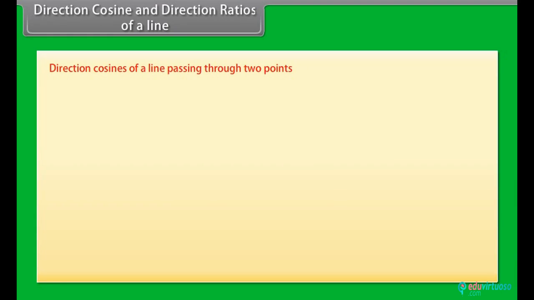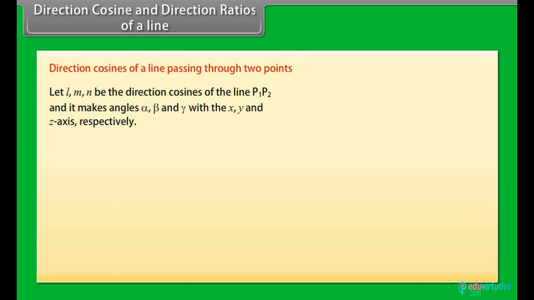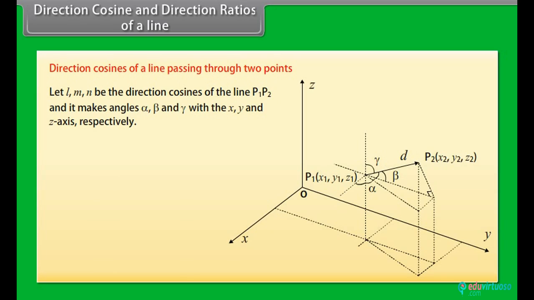Direction cosine and direction ratios of a line. Direction cosines of a line passing through 2 points. Let L, M, N be the direction cosines of the line P1P2, and it makes angles alpha, beta and gamma with the x, y and z axis respectively.